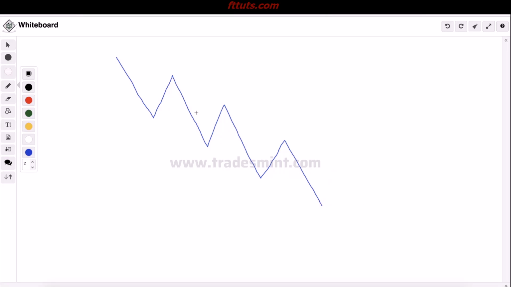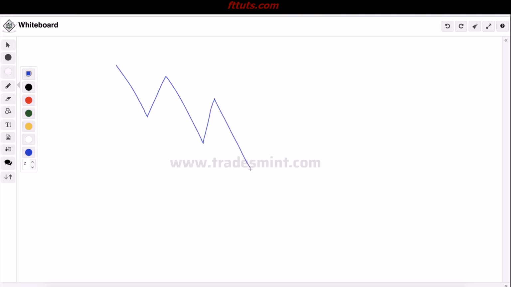If I have a downtrend like this, lower low, lower high, lower low, lower high, lower low, and then a higher high, higher low, and my CVD is doing something like this, where it's coming down and even still coming down, what this is telling me is that when we come to this level, there was a large limit order that got filled here, and the retail traders don't know it.